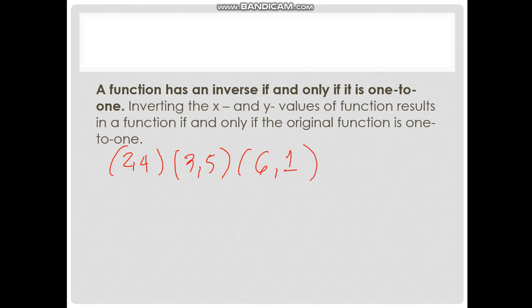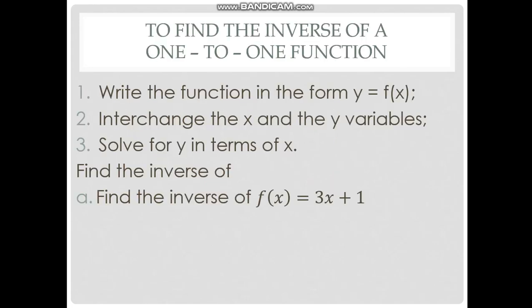Now, how are we going to know if this is a set of ordered pairs of a 1 to 1 function? Dapat, one value of x corresponds to one value of y. So, dapat walang mauulit na x and at the same time, walang mauulit na y. Then, the given set of ordered pairs is a function.